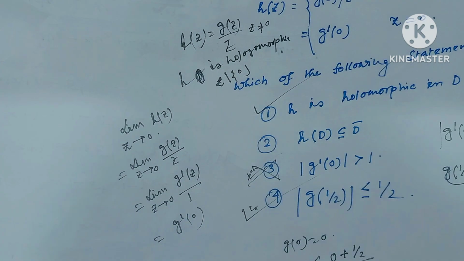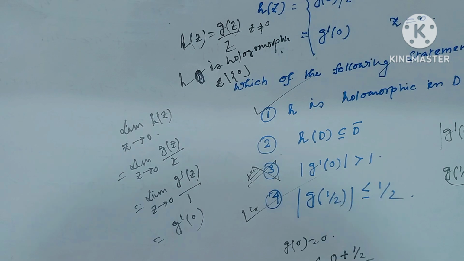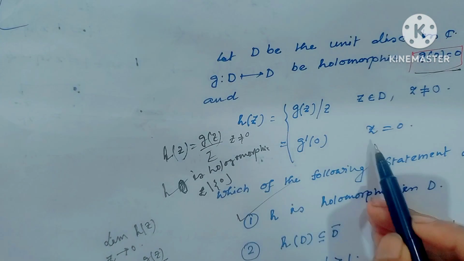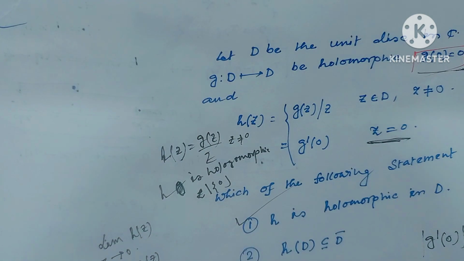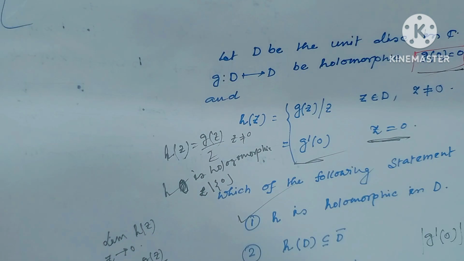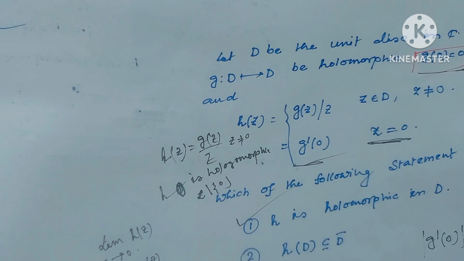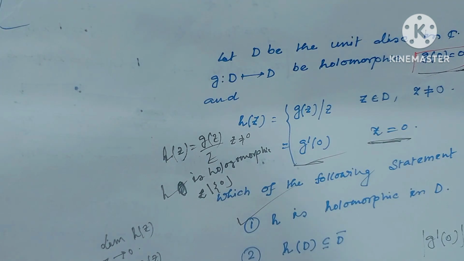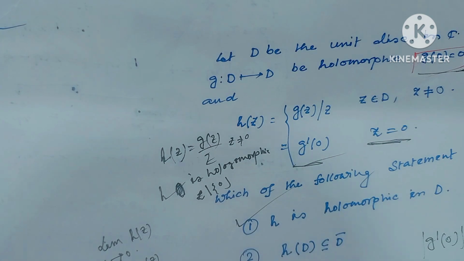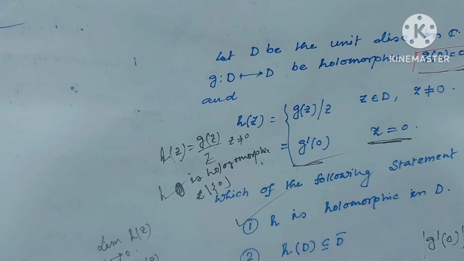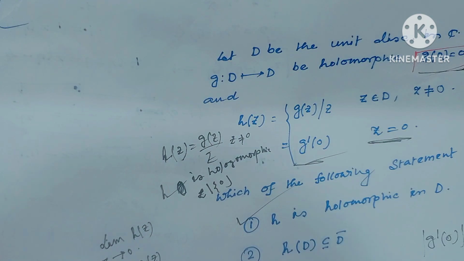That means the limit as z goes to 0 of h(z) equals g prime 0. The function is also defined at z equal to 0, where the value is g prime 0. Since the limit exists, the function is continuous, and since g is a holomorphic function, this function is differentiable.